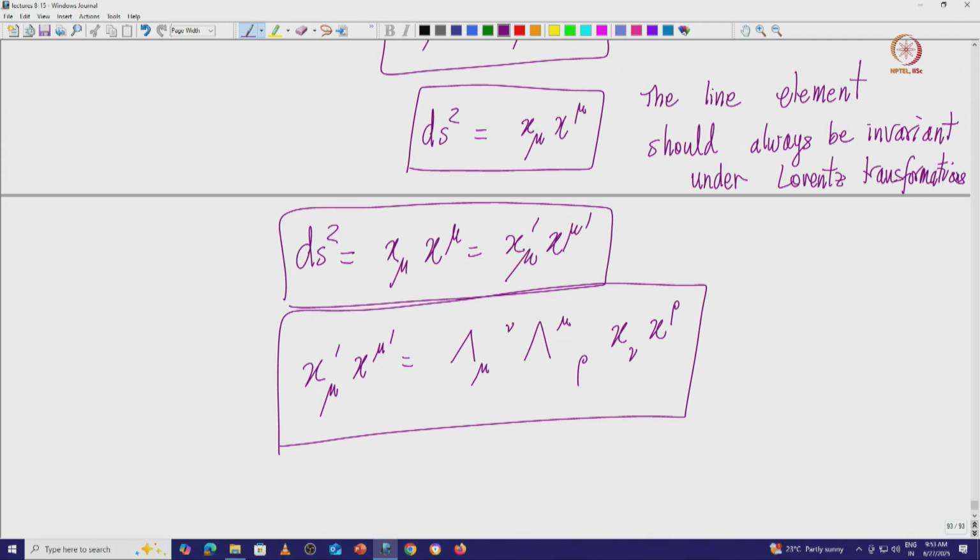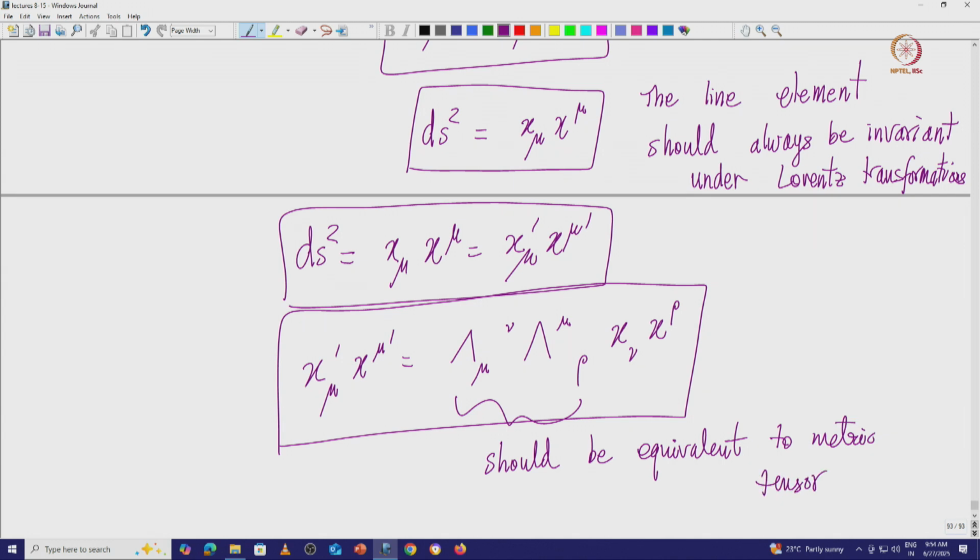Now this entire thing should be equivalent to g mu nu, because otherwise there is nothing that makes it a length.